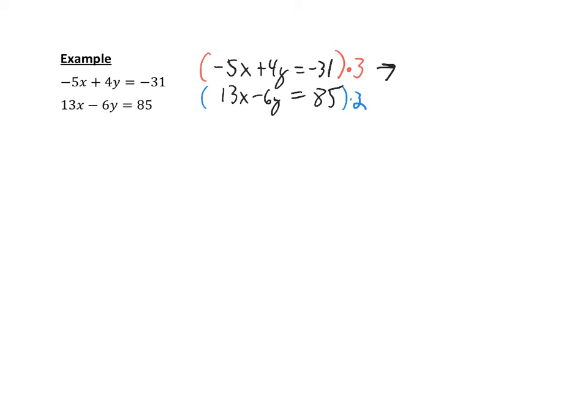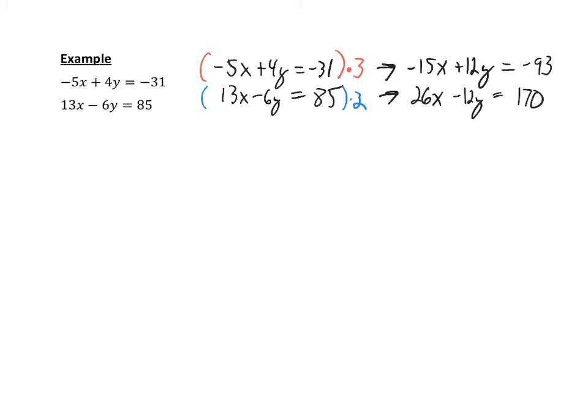The reason, if I multiply the top by 3, that's going to give me negative 15x plus 12y equals negative 93, multiplying everything through. Multiplying the bottom by 2, 26x minus 12y equals 170.